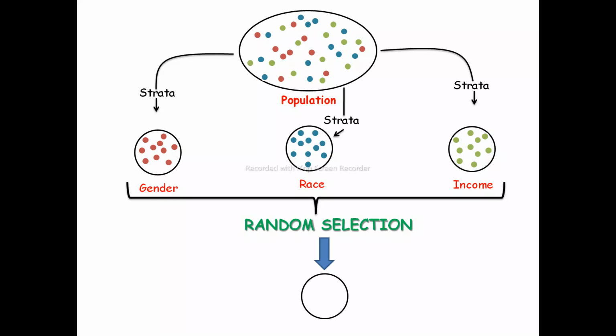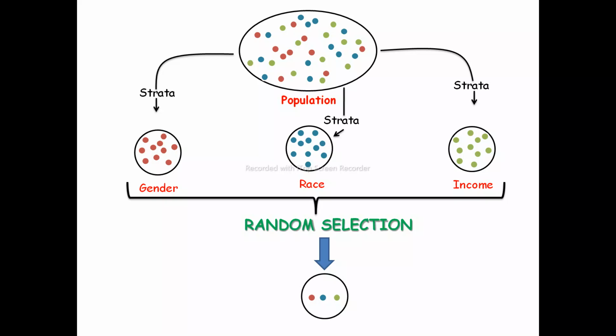So we might put all the women, South Indians, and everybody in the middle class income into a database, and we'll randomize them, so there is an equal chance for all of them to be a part of our sample. So randomly, first this person has been selected, and then from the South Indians, this person has been selected, and from middle class income, this person has been selected. Okay, so from these three strata, we randomly select a few members from the red, from the blue, and from the green.